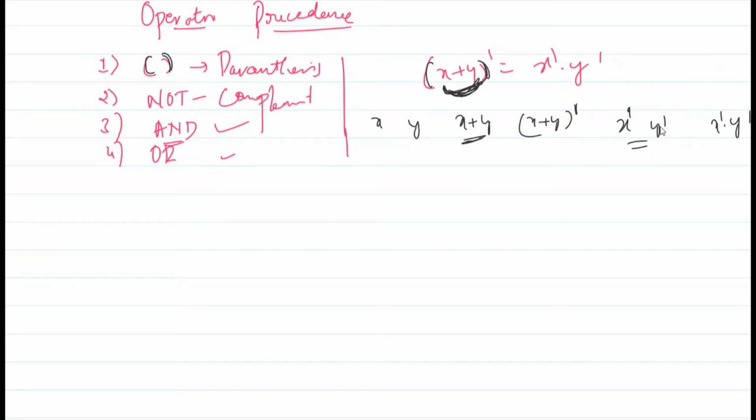Later the AND operation is last. The third precedence is for the AND operation, so we took the complement of x and y, and later we performed the AND operation between x prime and y prime. So parenthesis is the highest priority or highest precedence, after that NOT, after that AND, after that OR.